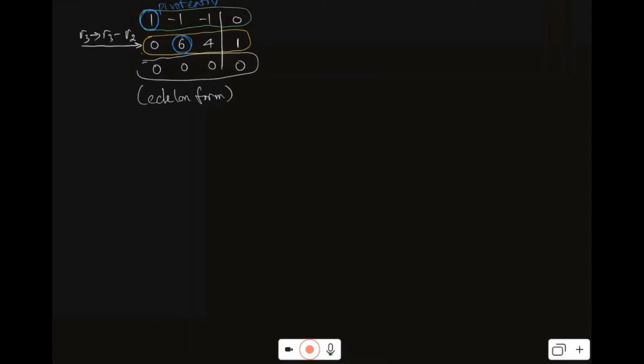Now, the column that contain the pivot entries are called the pivot columns. And the variables that corresponds to these pivot columns are called the pivot variable. And so x, y are called pivot variables.